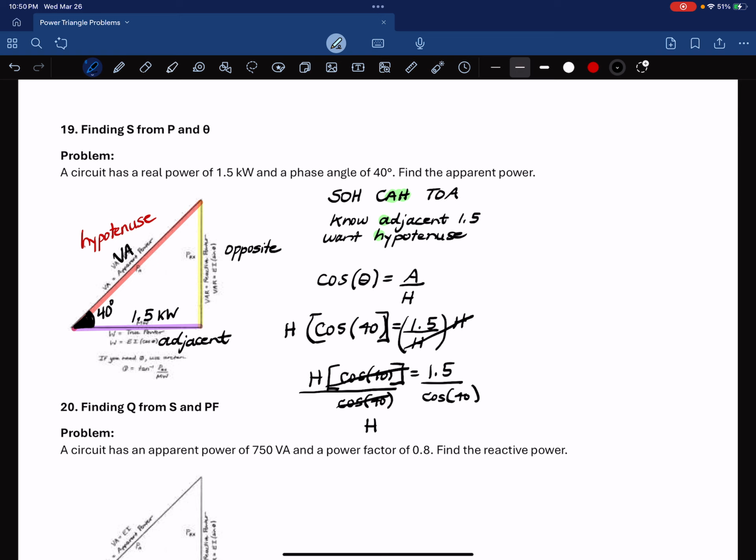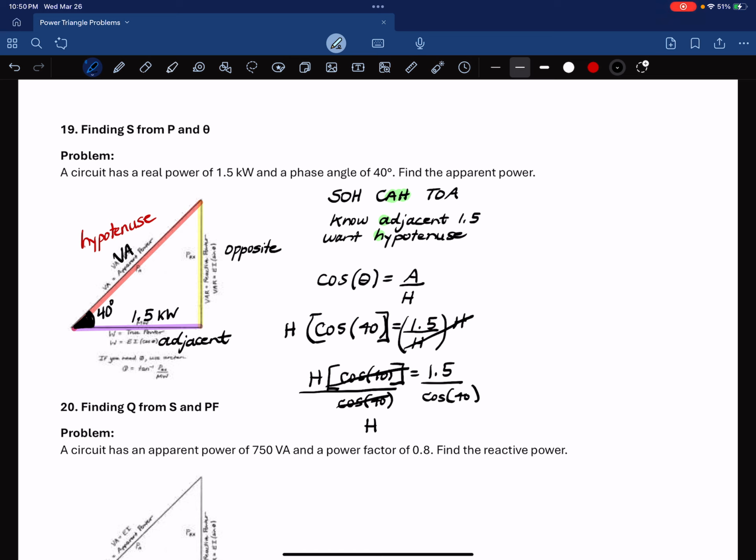And this is one of those that I need a scientific calculator, so I'm going to do 1.5 divided by the cosine of 40. And that is clearly not right. Let me get my scientific calculator out here.